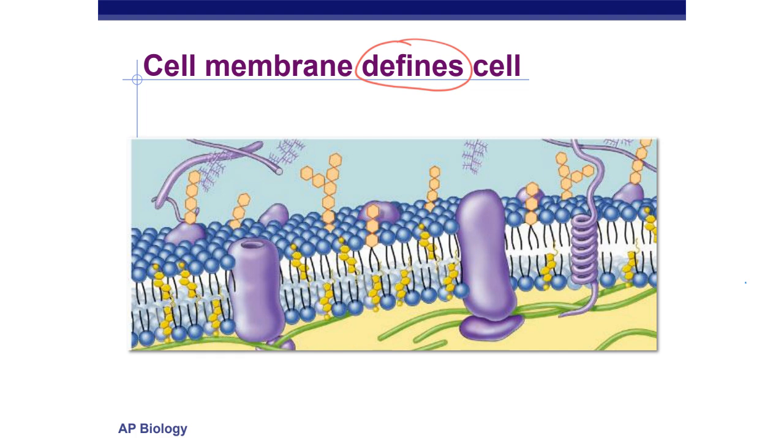And that has to be maintained for the cell to stay alive. There are certain constraints that have to be met, and if there's open transport between the outside world and the inside of the cell, we can't maintain that. So that's the main job of the cell membrane, to help define the cell by acting as that barrier separating it.